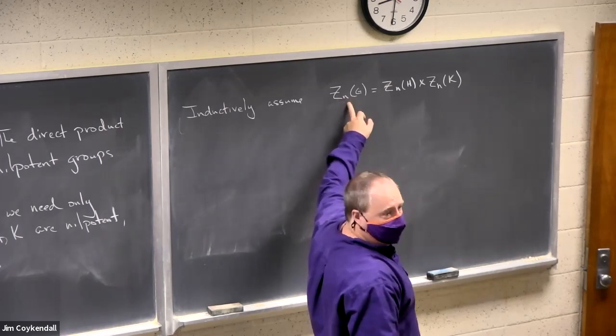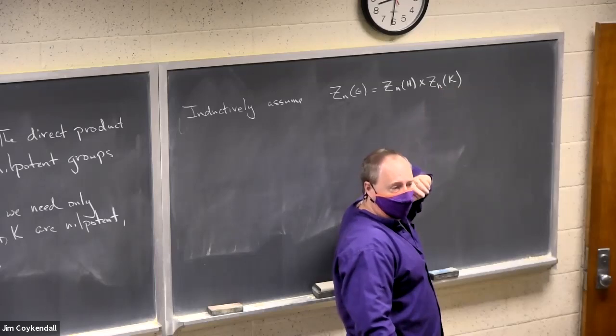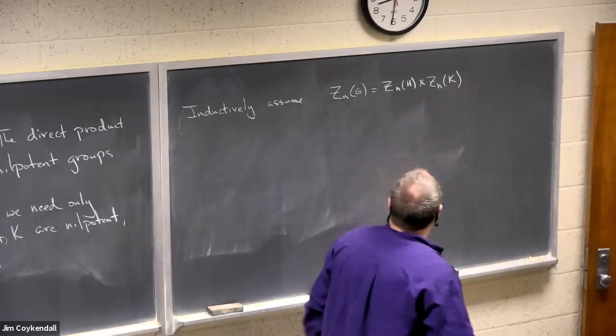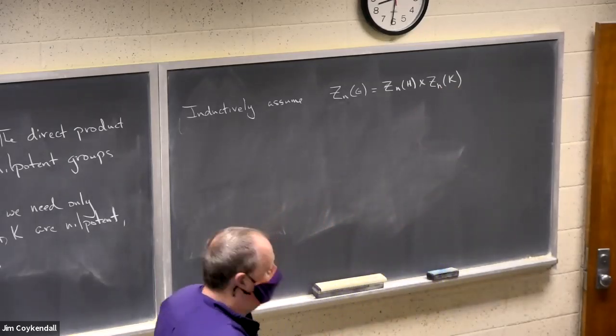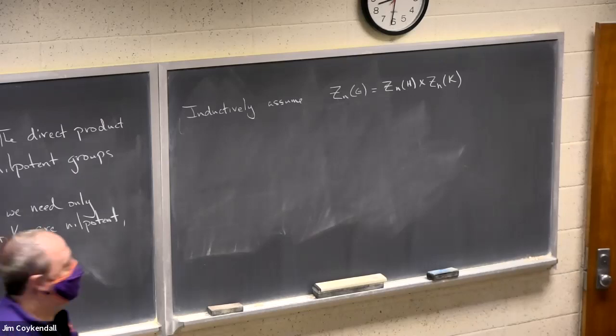Because what the statement says, the center of G is the center of H cross the center of K, and that's easy to verify. Now let's assume that this holds for some n, and we want to show that it will hold for the next case.